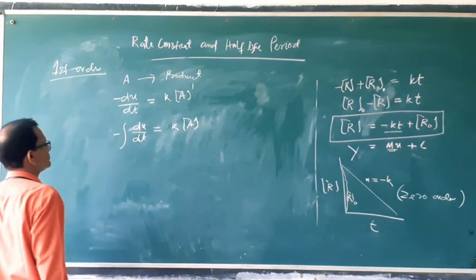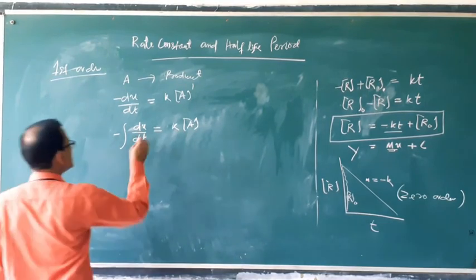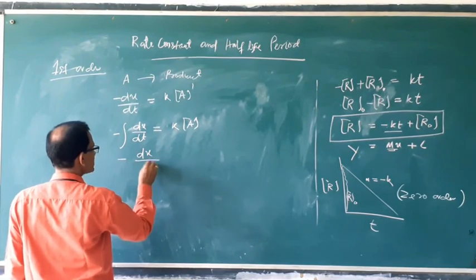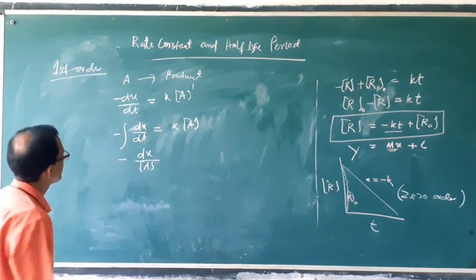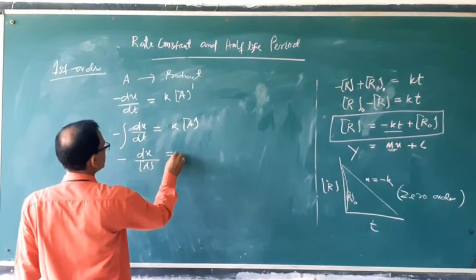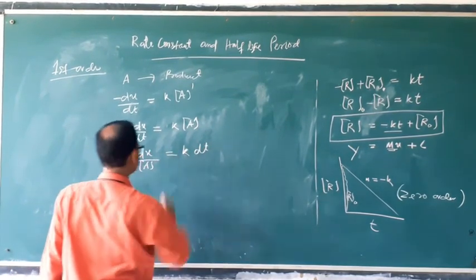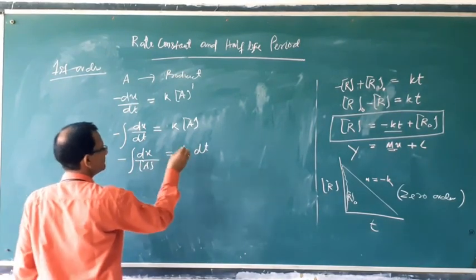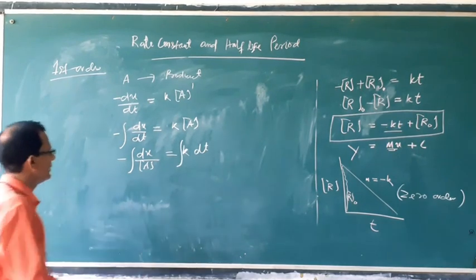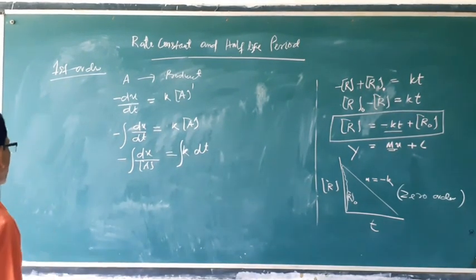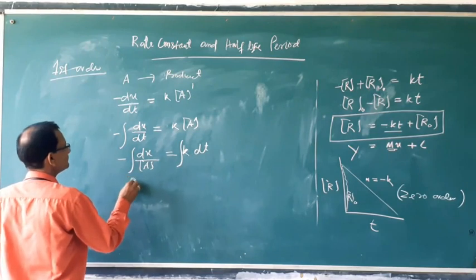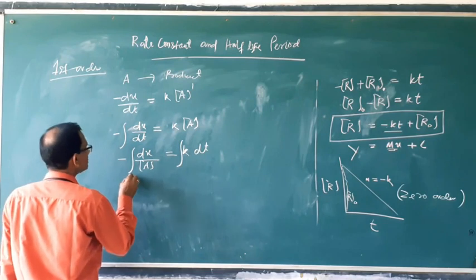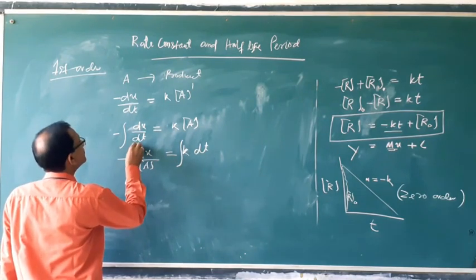You arrange it, then minus dx over concentration is equal to K dt. Here, if you integrate, for integration, same as before, the initial value R0 to R.